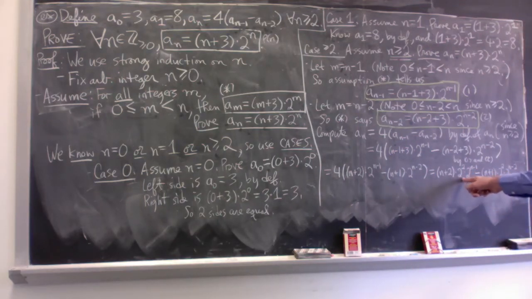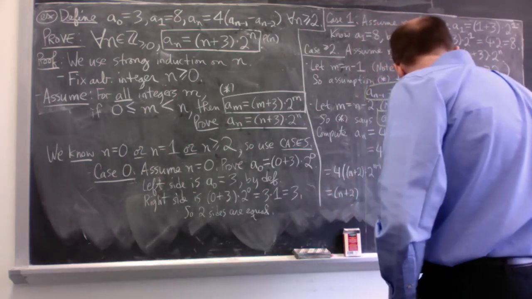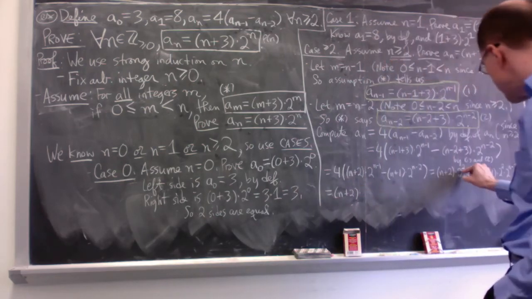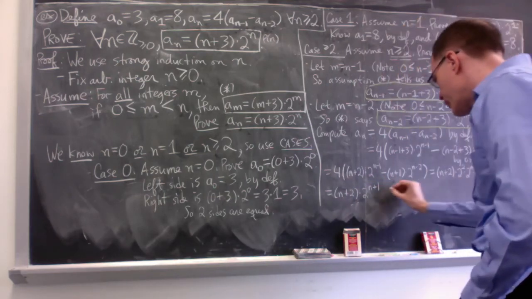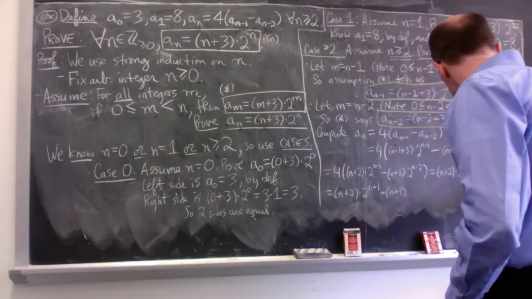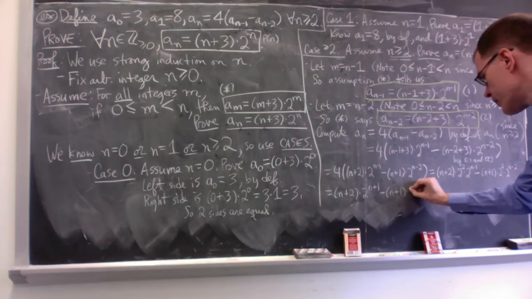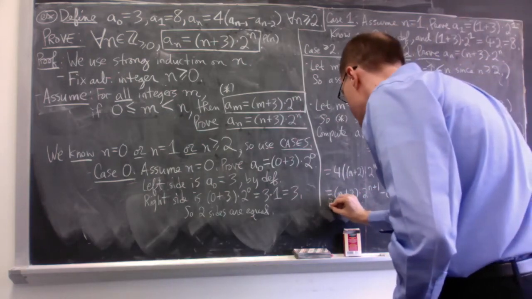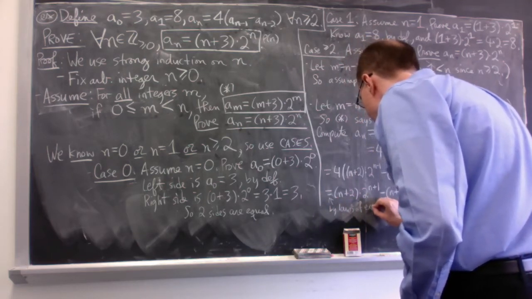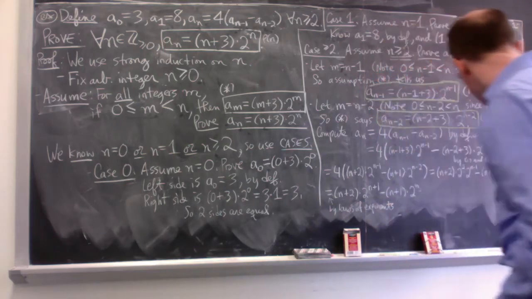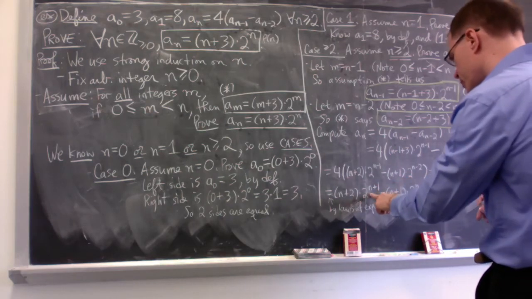Remember we had laws of exponents, because we proved that last time. So now I can combine these 2's a little bit. So n plus 2 times 2 to the sum of the exponents, so that's actually 2 to the n plus 1. And here it's minus n plus 1 times 2 to the sum of these exponents, which is 2 to the n. I should be writing reasons, but this is all algebra, and here laws of exponents is the reason. Now we can factor a 2 to the n out.